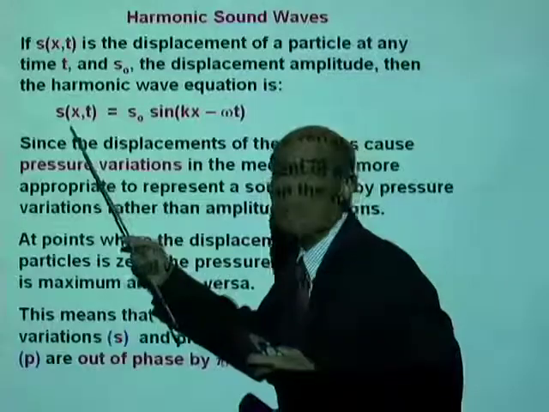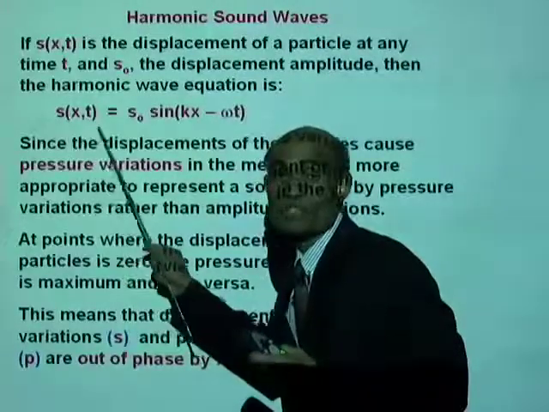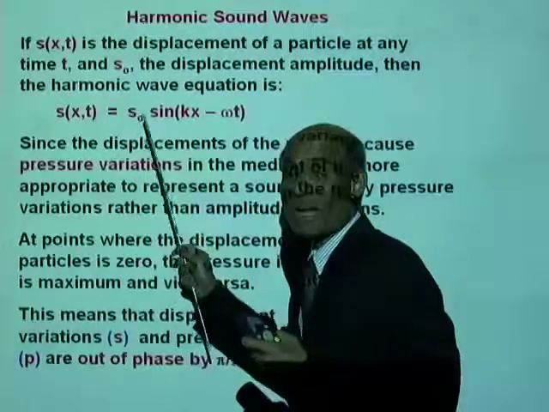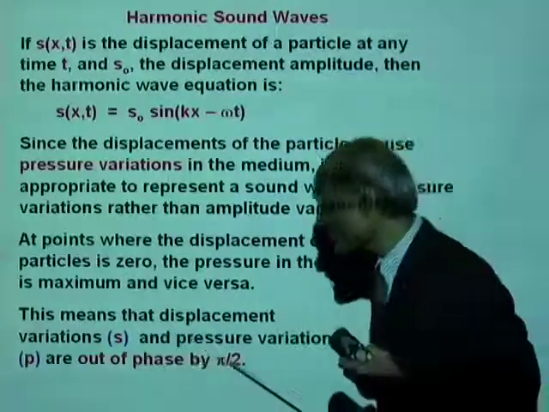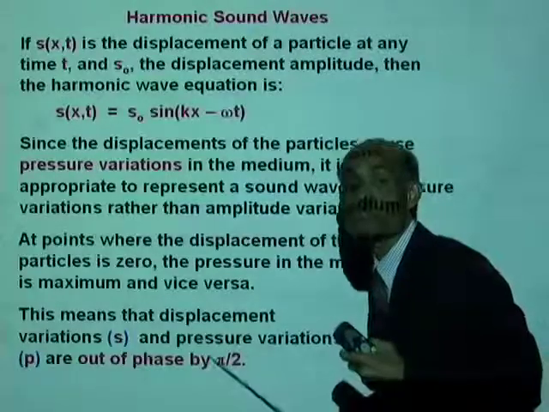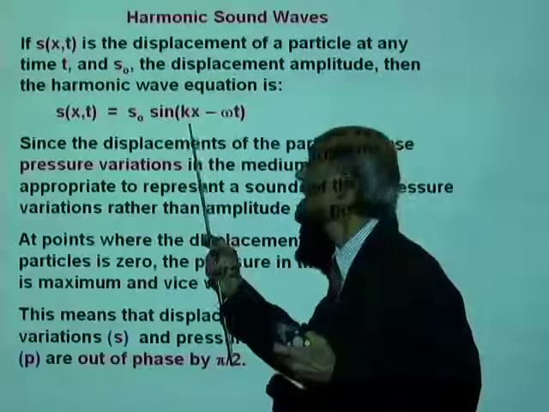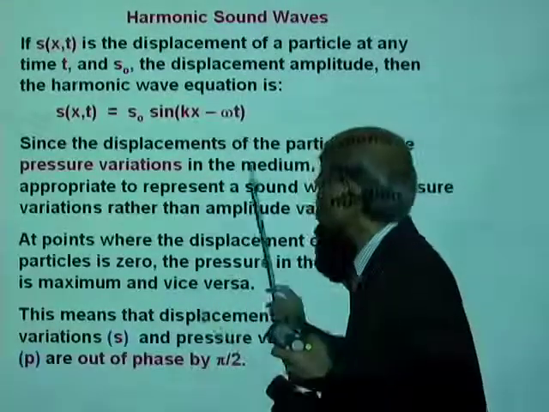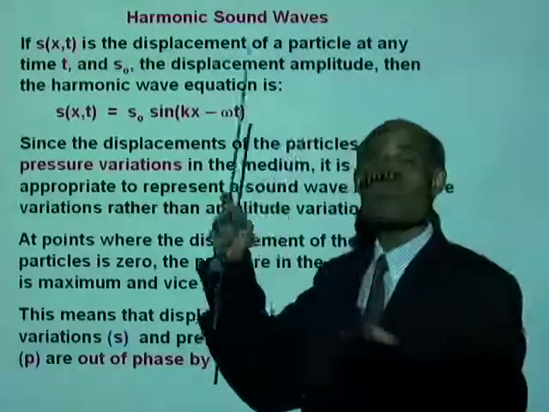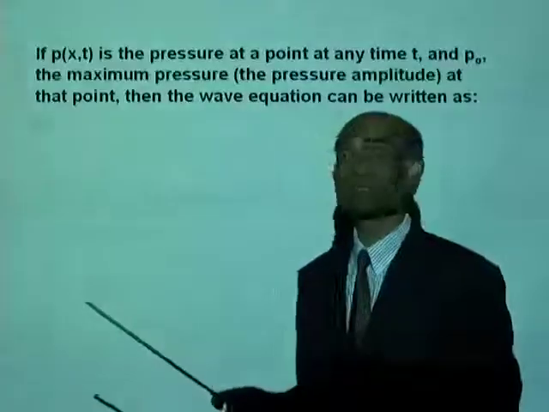So if you want to rewrite this equation for the displacement using the pressure variations, you must take into account this phase difference. So what will change is kx minus omega t will now become kx minus omega t plus pi by 2. That will take care of the phase difference.